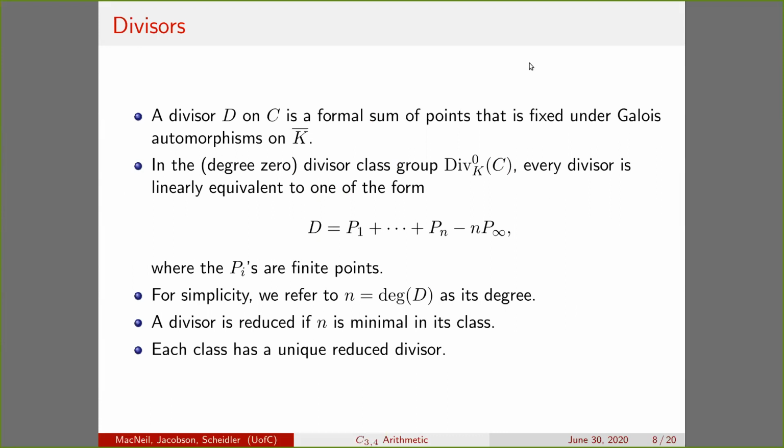That's a sum of n finite points, not necessarily distinct, balanced out by negative n times the point at infinity. For simplicity's sake, we refer to n as the degree of the divisor. A divisor is reduced if n is minimal among all divisors in its class. And each class has a unique reduced representative divisor.